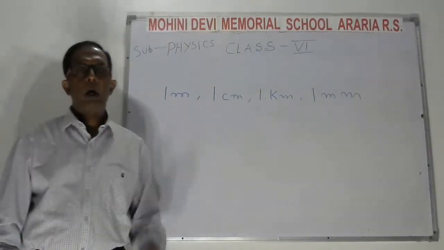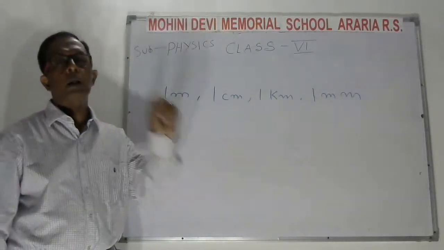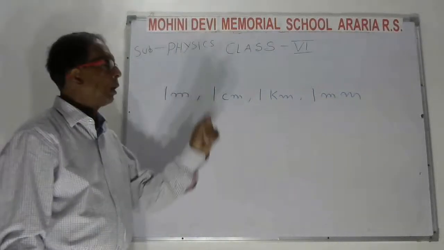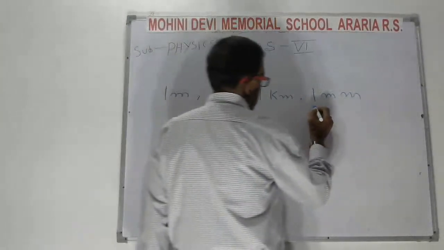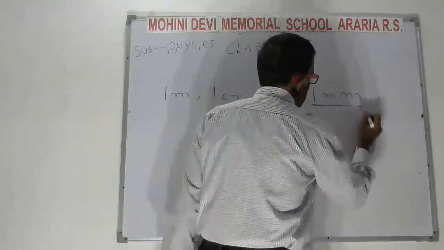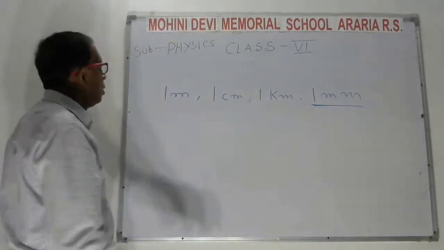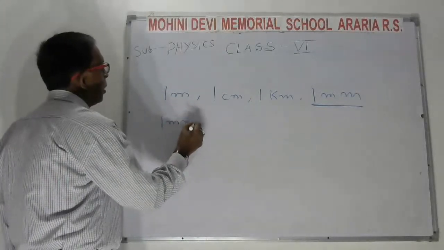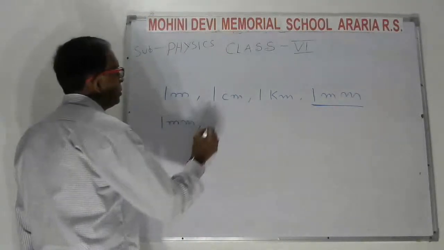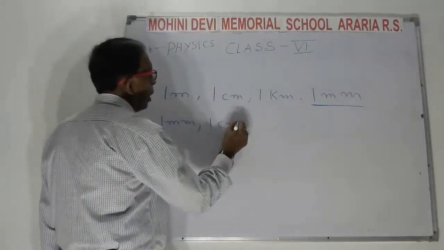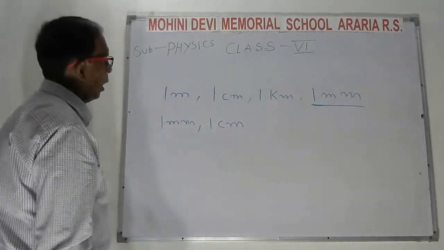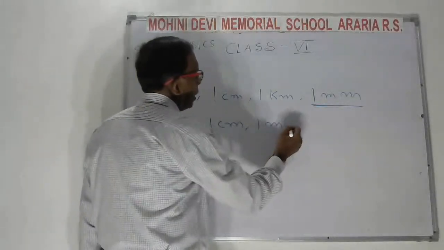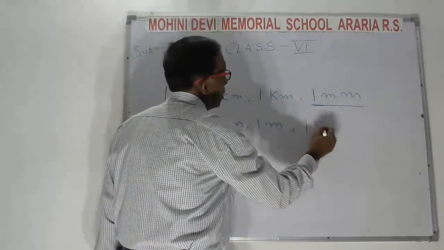It means you have to write at first the smallest unit. And the smallest unit of length is millimeter. So we at first write 1 millimeter, then 1 centimeter, then 1 meter, and then 1 kilometer.